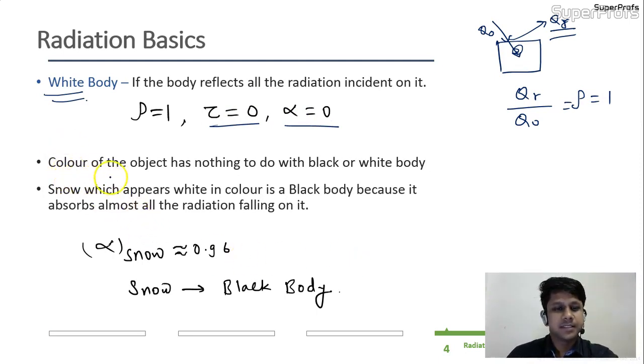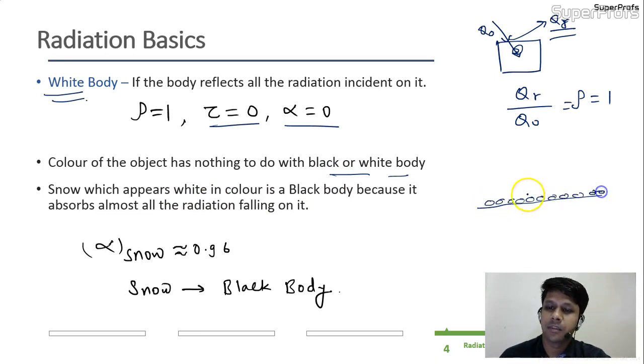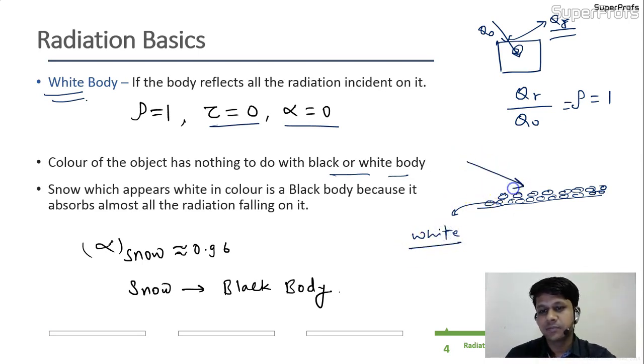As I have discussed, the color of the object has nothing to do with a black or white body. The best example is snow. Let us say on Earth's surface there are some snow particles. How do they appear? What is the color of snow? It is white only. But when sunlight falls over it, it absorbs almost all of the radiation.